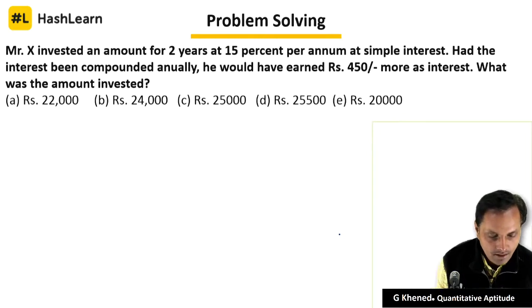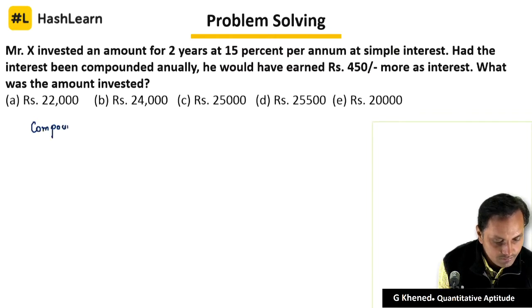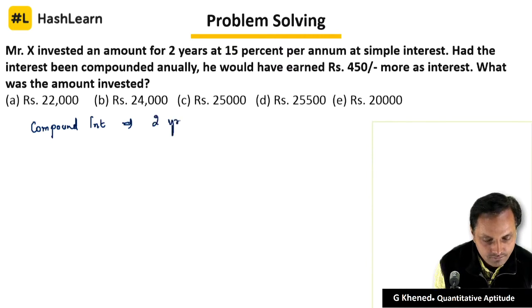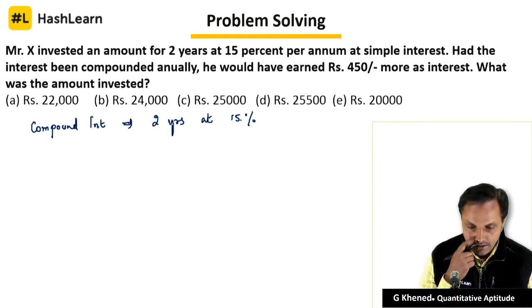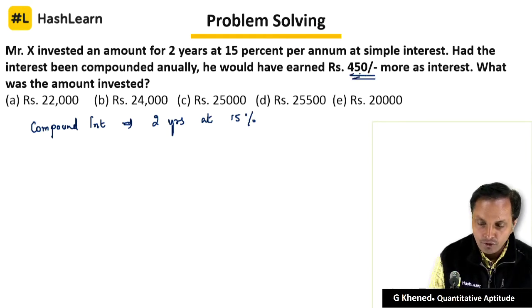Okay, so here you know that compound interest for 2 years at 15% will give you 450 more interest.